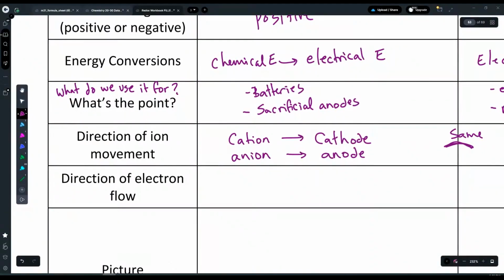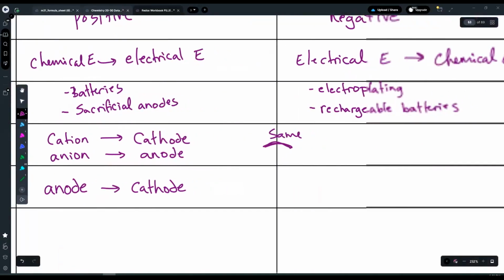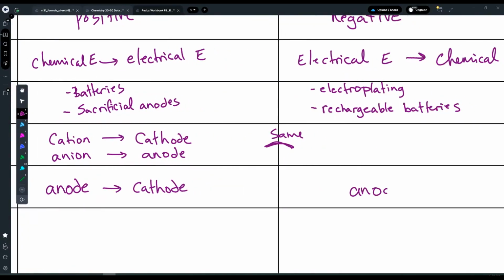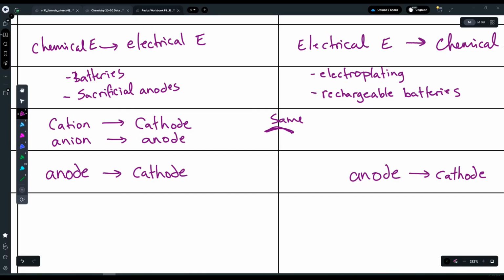For direction of electron flow, it always starts at the anode and goes to the cathode for both. So these electrons, they're traveling through an external wire that connects the anode to the cathode.